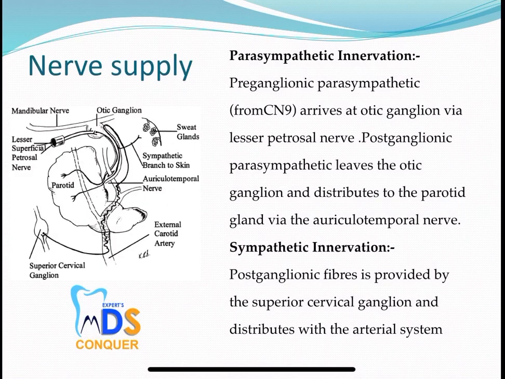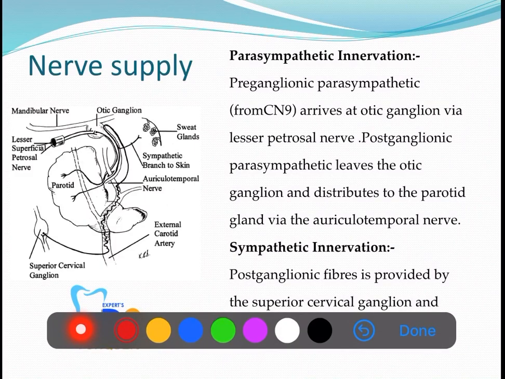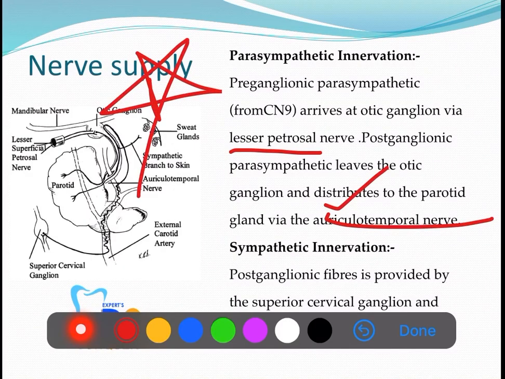Then you can write the nerve supply. The preganglionic parasympathetic fibers from the C9 nerve arise in the otic ganglion via the lesser petrosal nerve, and postganglionic fibers leave the otic ganglion and distribute to the parotid gland via the auriculotemporal nerve. This nerve supply is very important, students.